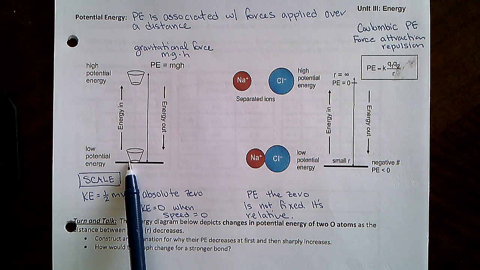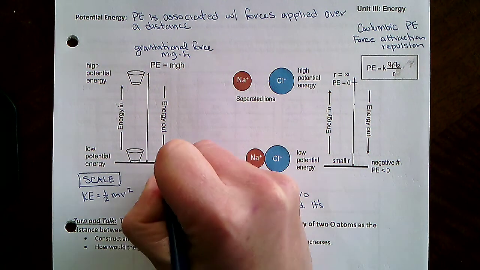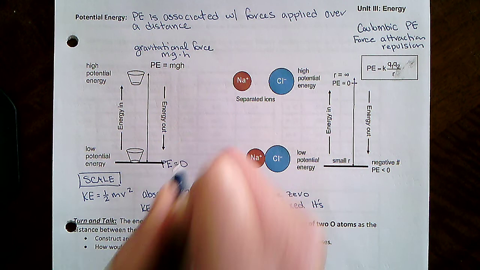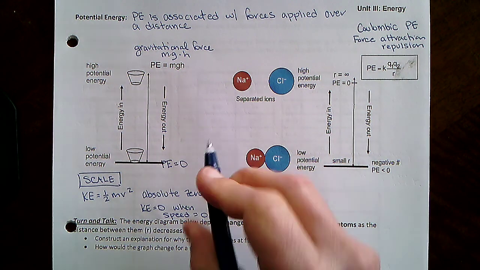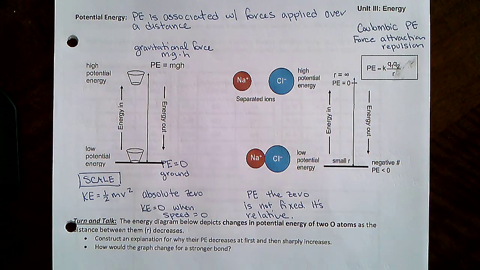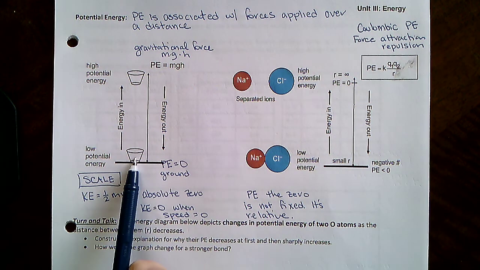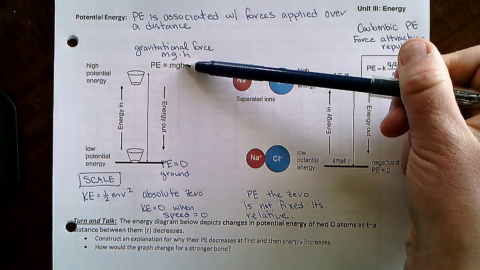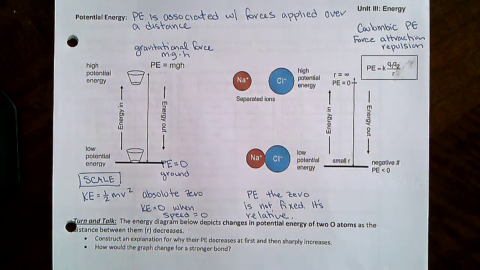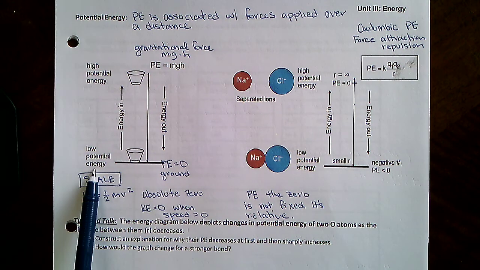If you were to talk about gravitational potential energy, usually the potential energy at zero is associated with the ground. So this cup that's resting on the ground, it has no height above the ground, so its potential energy is zero. This is a low potential energy state.